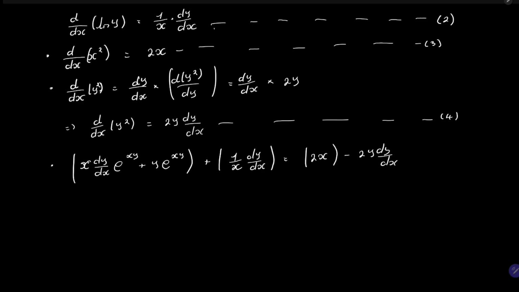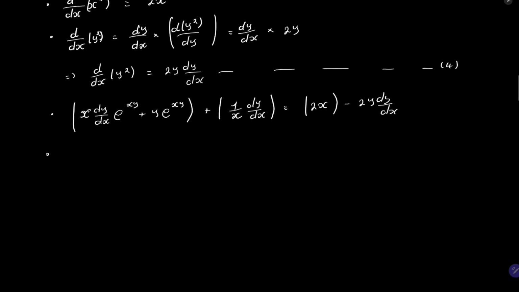So the next step in this solution is to use algebraic principles in order to find dy on the x. But how do we use algebraic principles in order to find dy on the x? The first thing we need to do is isolate all the terms with dy on the x on one side. That is, moving the terms which contain dy on the x to the left hand side in our case. So our first term with dy on the x is the term x dy on the x e to the xy.